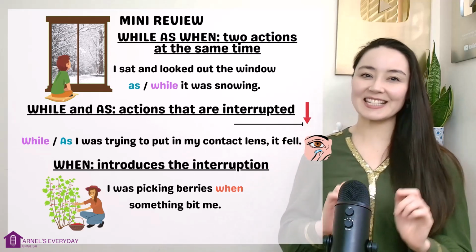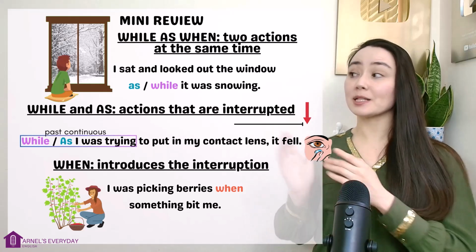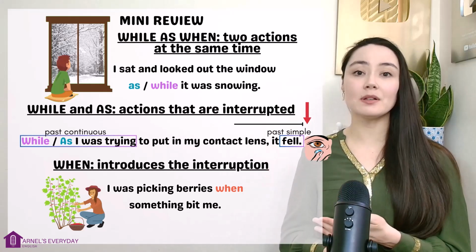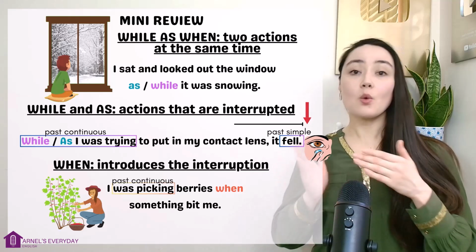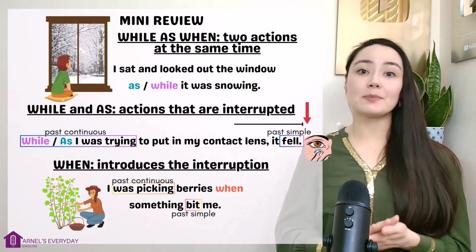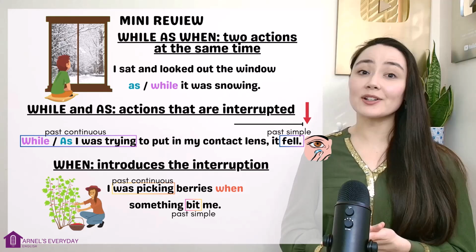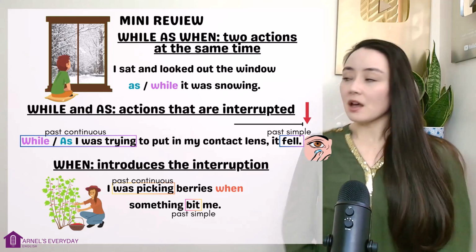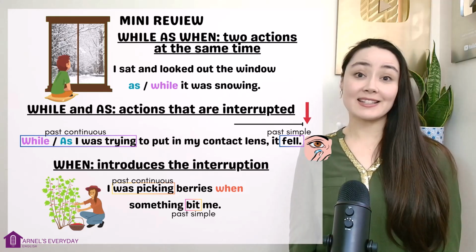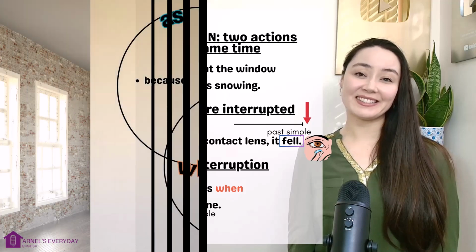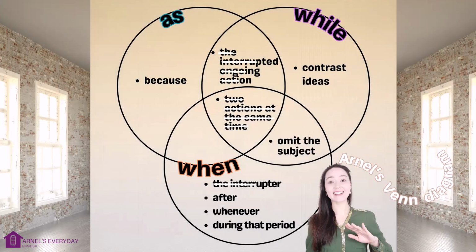Normally you'll see this: while or as plus past continuous, past simple; past continuous, when plus past simple. But you may see other tenses. Okay, let's keep going. The interrupted, ongoing action; the interrupter, done.